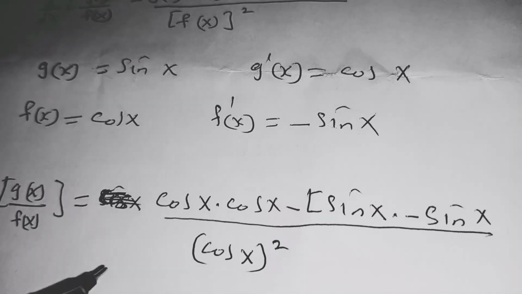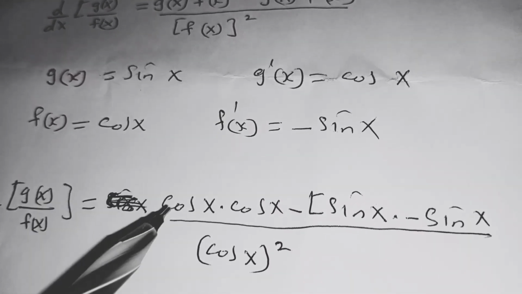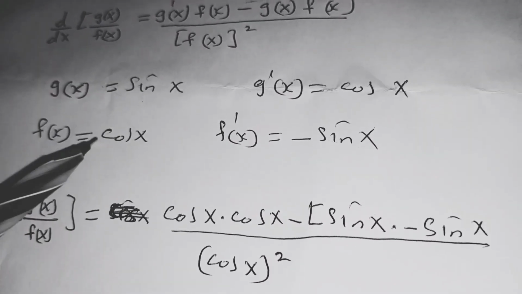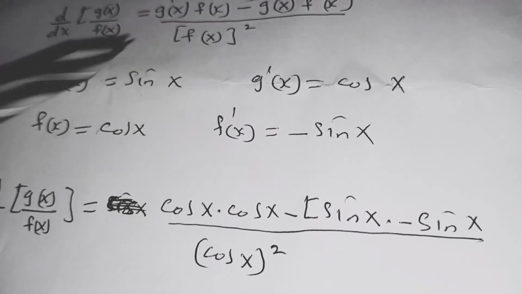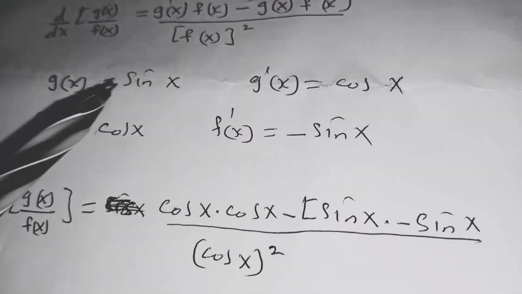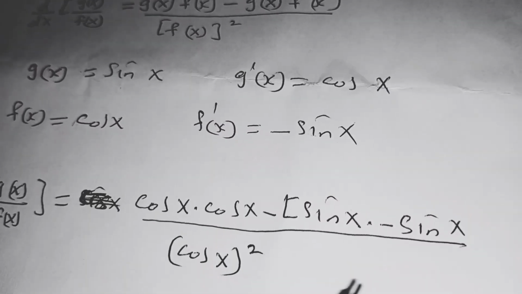So substituting g prime, which is cos x, and multiplying with f, which is cos x, then we subtract g of x, which is sin x, multiplying by f prime, which is negative sin x.